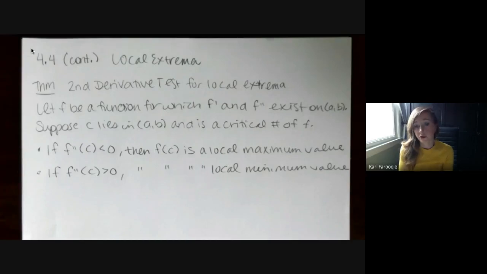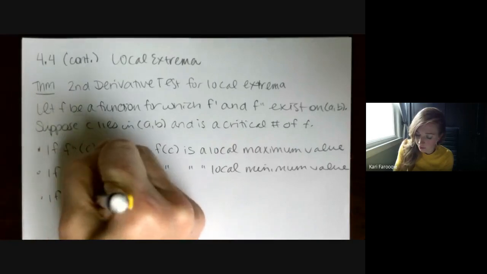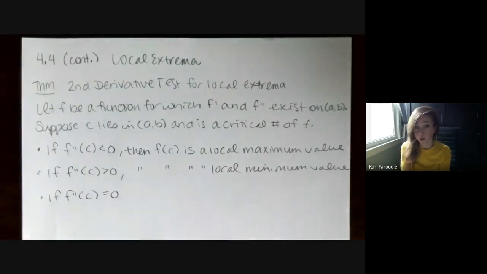So that covers two scenarios. One scenario is where your second derivative evaluated at the critical number is negative, and for the other one, it's positive. If the second derivative, however, evaluated at your critical number is not negative or positive, it's 0, then you cannot use the second derivative test, and you have to go back and use the first derivative test.